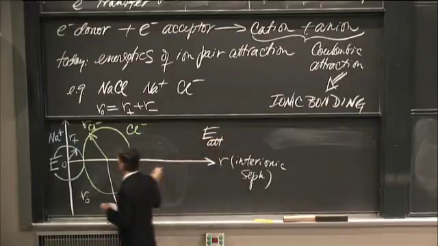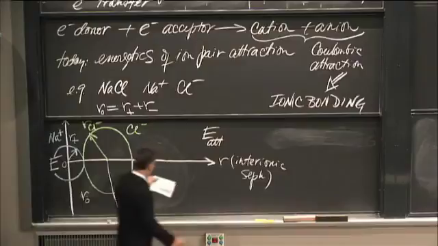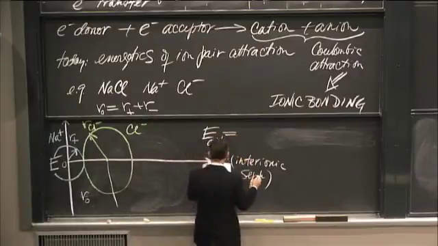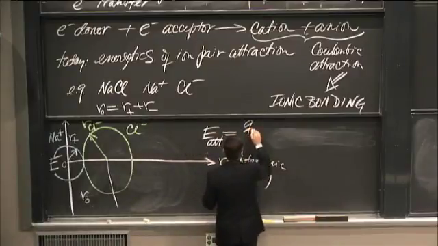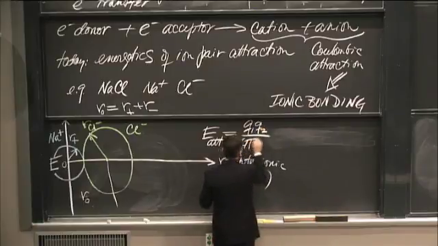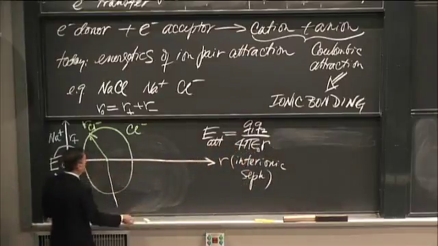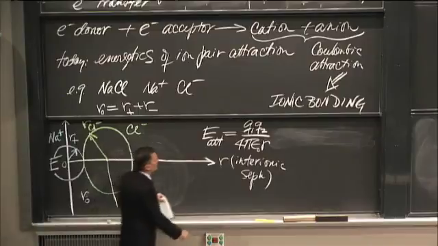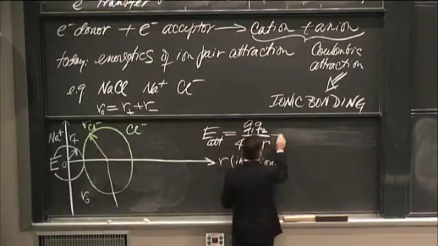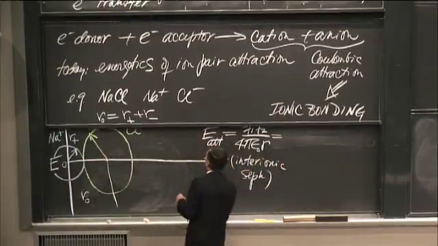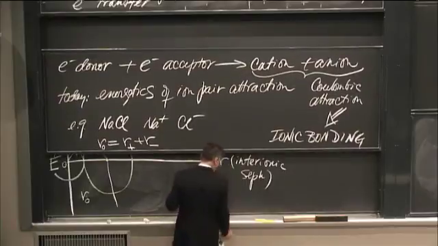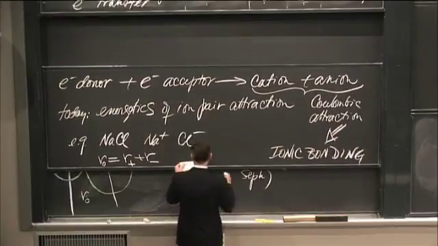There's a force that attracts these two ions together, and that's given by Coulomb's law. So that's the product Q1, Q2 over 4 pi epsilon 0 R in general. I'm making this as a function of R, and then we're going to figure out how to get to R naught. So Q1, put a little legend here. Q1, I'm going to make that the sodium just for grins and chuckles.